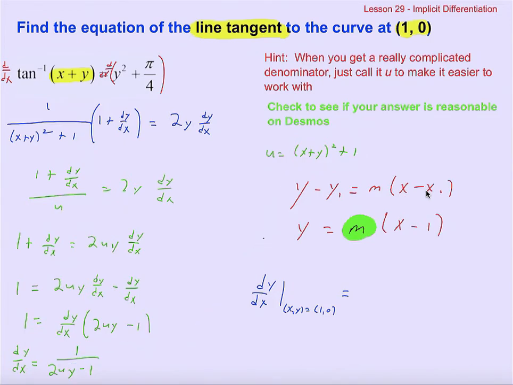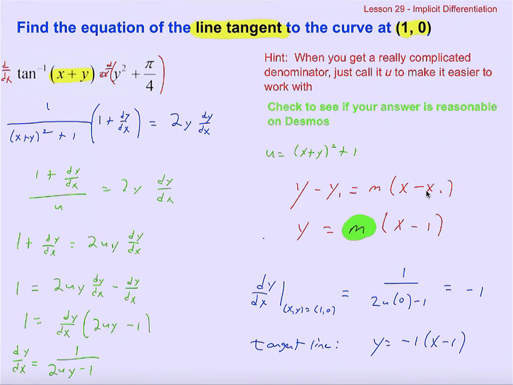All I have to do is 1 over 2 times u, which I don't know but don't care about because I'm about to multiply it by 0, which just ends up 1 over 0 minus 1, which is negative 1. So our tangent line is just y equals negative 1 times x minus 1.